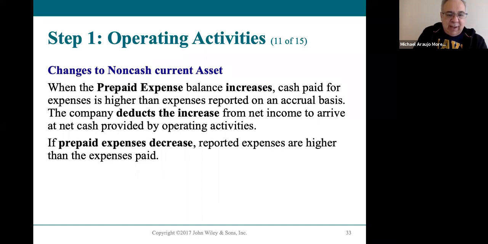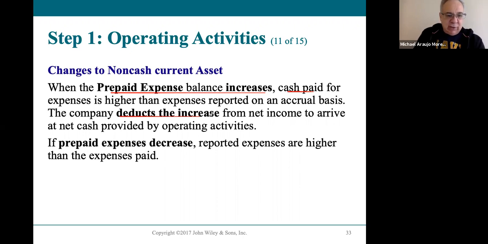Now we're looking at prepaid expenses. Now, normally, again, if you have more prepaid insurance or you have more supplies, you have to use cash for it. Okay. So any increase in any prepaid expense, like supplies or prepaid insurance, means that you used cash.